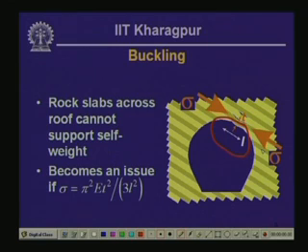This becomes an issue when you have sigma equal to pi square E t square over 3 L square. In this case, E is the deformation modulus of the rock slab that we are considering, t is the thickness of the rock slab, pi is the constant 3.14, and L is the unsupported span of the slab.